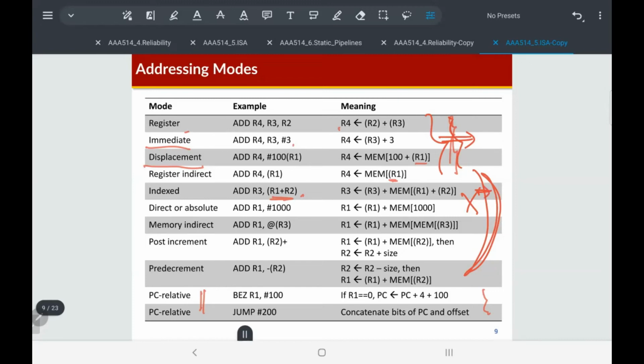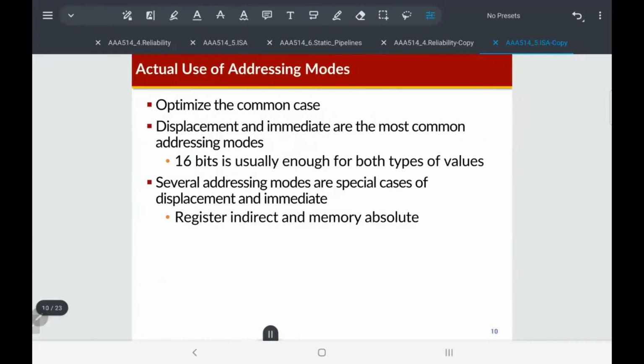Then the instruction count can be increased, but is that good for performance? If we measure the performance of the computer system, it's the inverse of the execution time, and the execution time is the instruction count multiplied by CPI multiplied by T, the clock period.